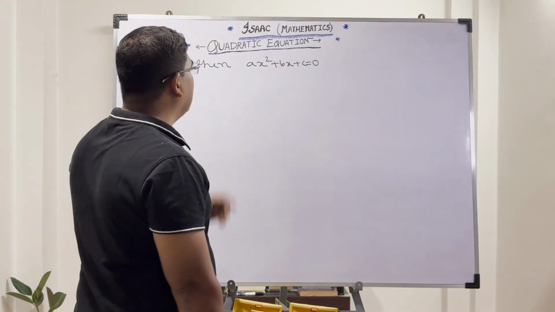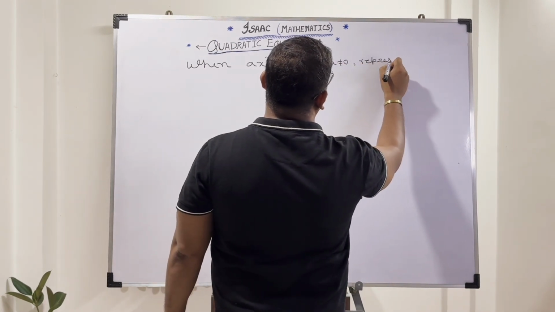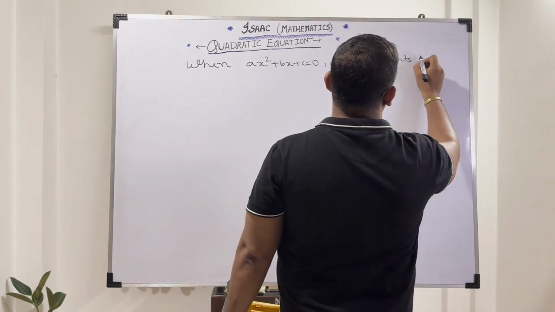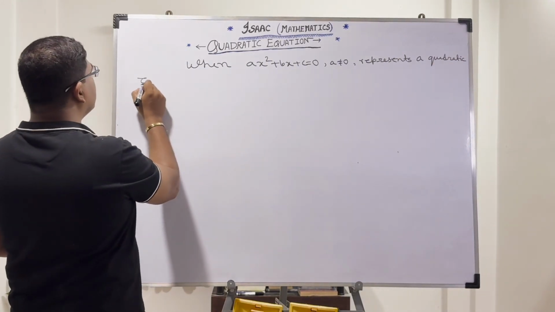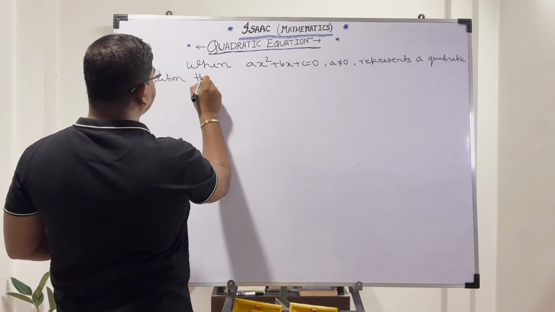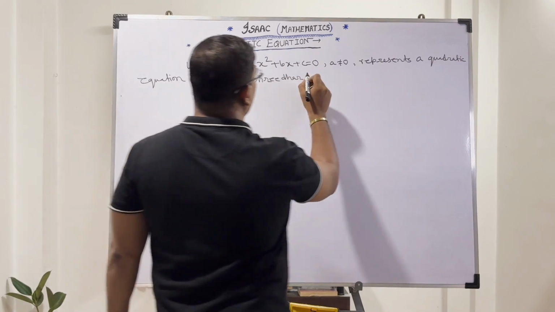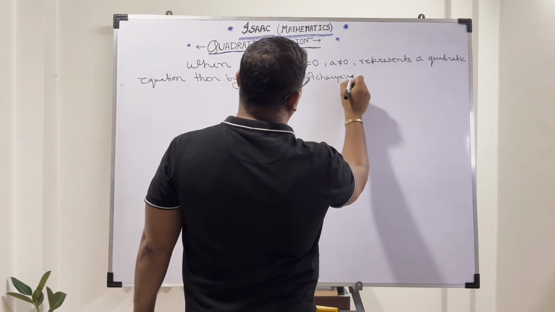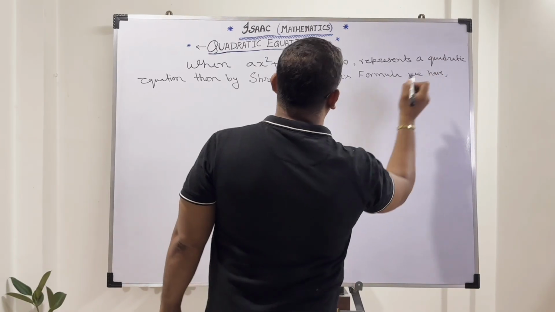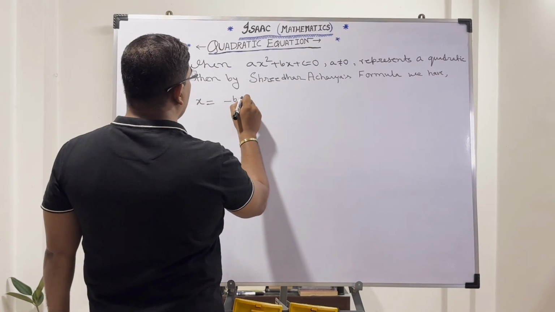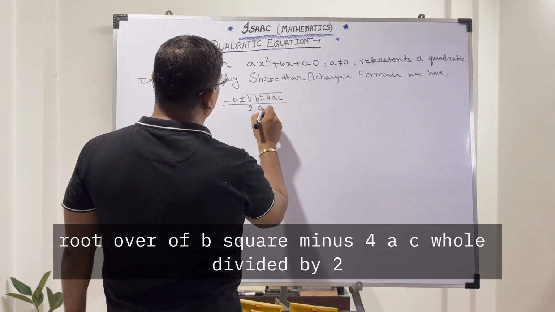When ax square plus bx plus c equals 0, where a not equal to 0, represents a quadratic equation, then by Sridhar Acharya's formula, we have x equals minus b plus minus root over of b square minus 4ac whole divided by 2a.